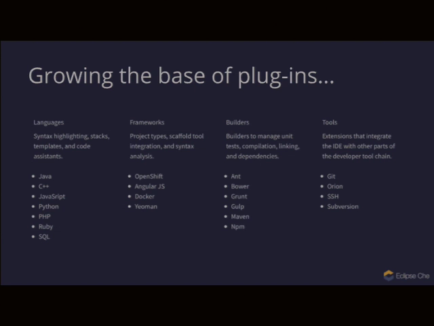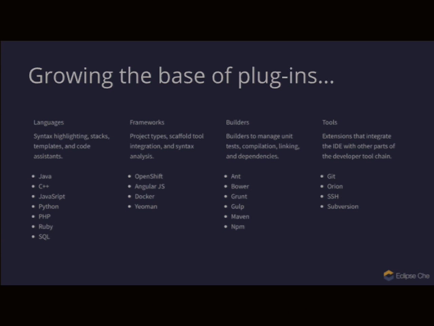So at this moment, we have a growing list of plugins inside of Che. We have the support of Java, and for Java, we actually reuse the JDT inside of Eclipse Che. So we took the JDT and we removed all the SWT code in order to create services which are used inside of the browser IDE.